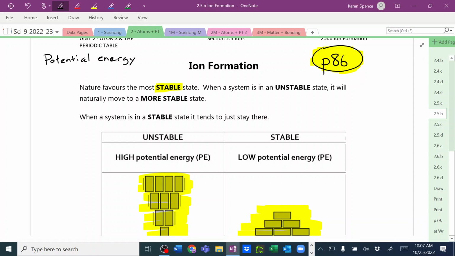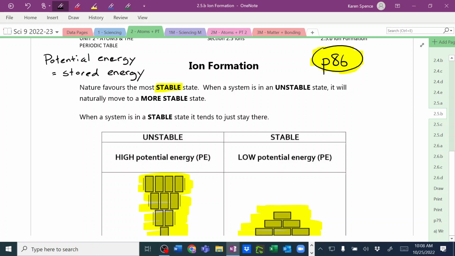Okay, potential energy, if you don't know yet, is stored energy. So this pen, when it's up high, contains some stored energy. It is at a high potential energy state.